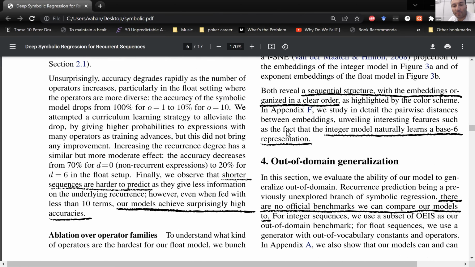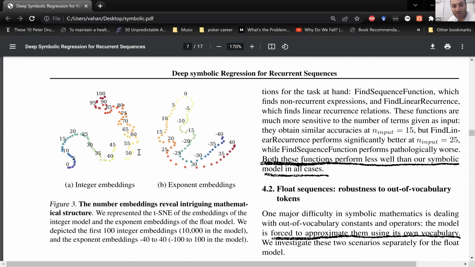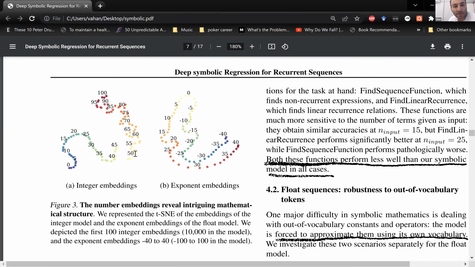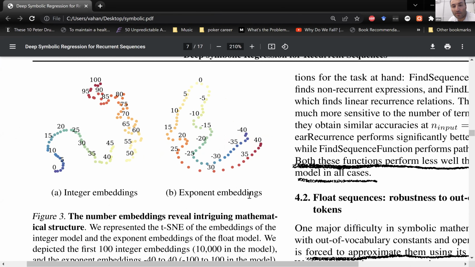They also do a bit of embedding visualization. This is actually really cool. They made the TSNE plots for the integer and exponent embeddings. You can see the numbers are so nicely aligned, right? Same here, which is very encouraging. If you plot the embeddings for the numbers, they end up so nicely aligned as a sequence.